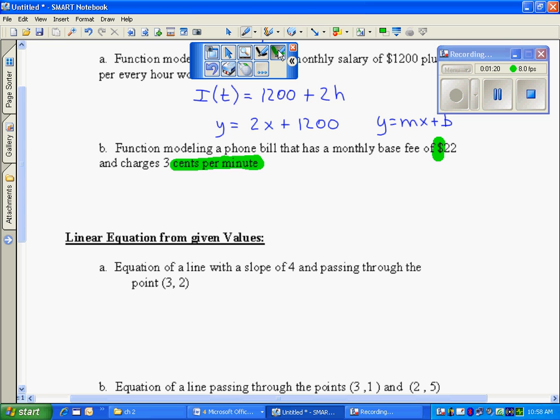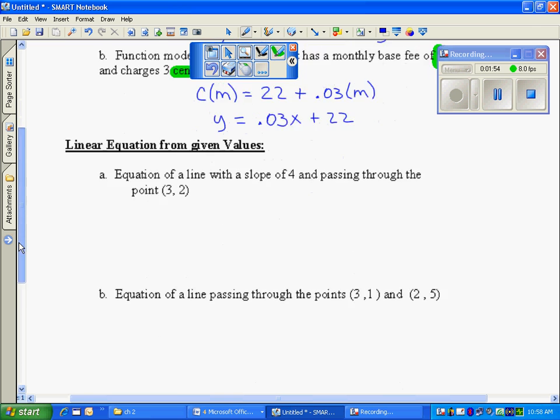Specifically, the cost of my bill is based on the number of minutes I talk, and regardless I'm going to have to pay $22 per month, and in addition I'm going to pay 3 cents per minute. So $22 per month plus the 3 cents per minute. If I want to write this generally, it's 3/100ths x plus 22.